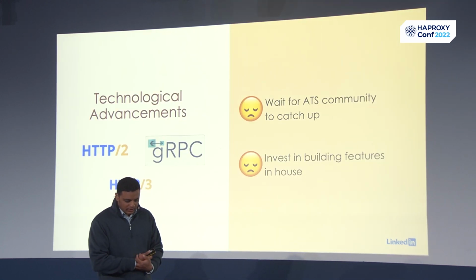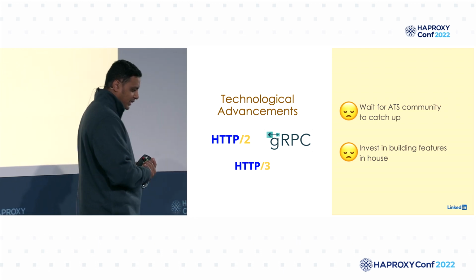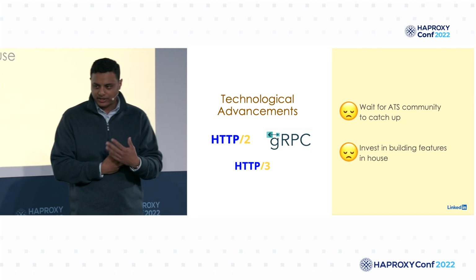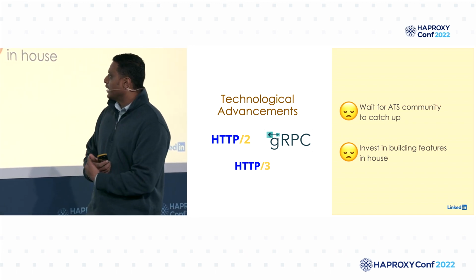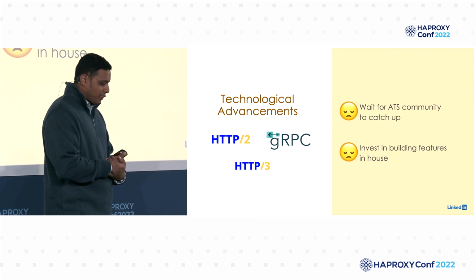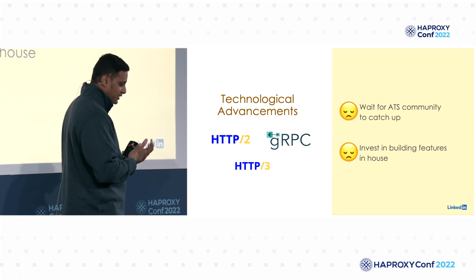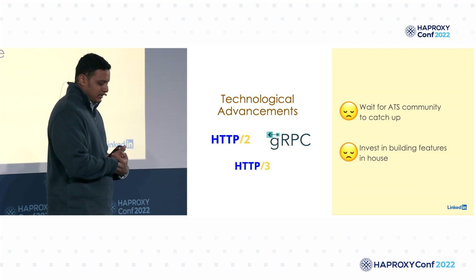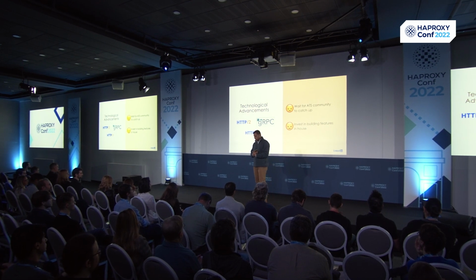Along with these custom feature requests, we also keep getting requests from our application teams for the next generation of network protocols and frameworks such as HTTP2, gRPC, HTTP3. The problem in supporting these is that these features are not yet supported in our upstream, and it is a very high investment to try to build them in-house.